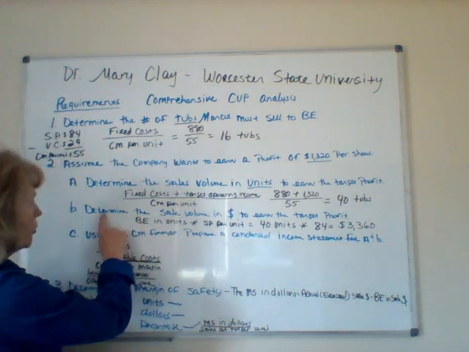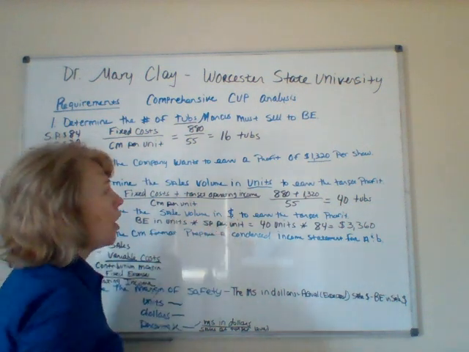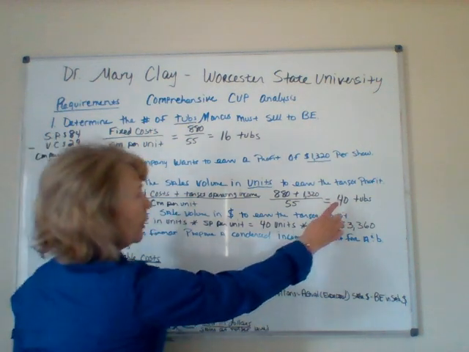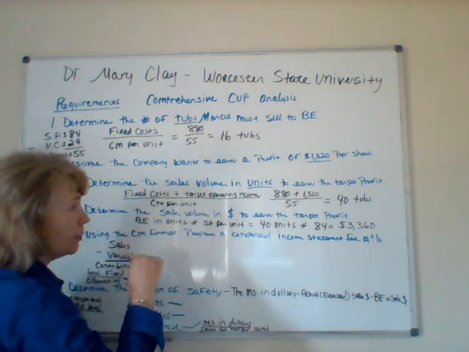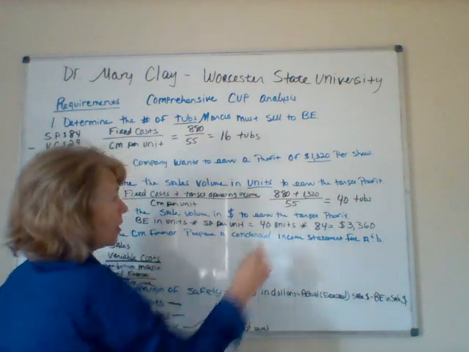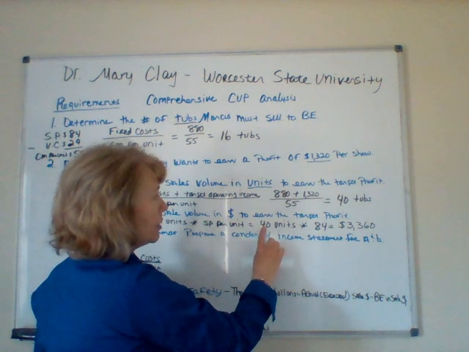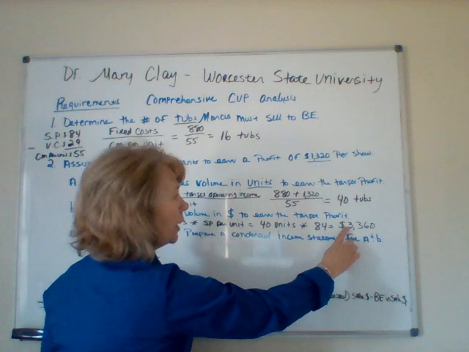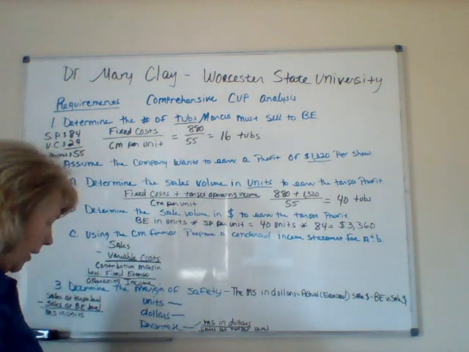Next question, determine the sales volume in dollars to earn the target profit. Okay, so you figured out that in this particular problem it's 40 tubs in order to get this target net income. So now you're going to take the 40 times the 84, which is the selling price, and that's going to give you the sales dollars, 3,360.